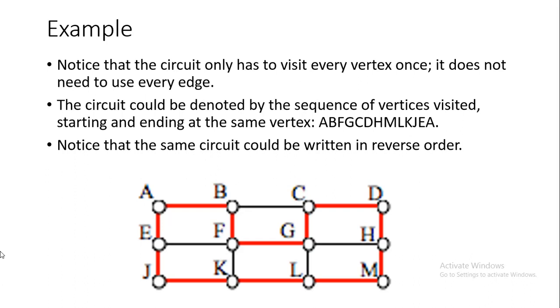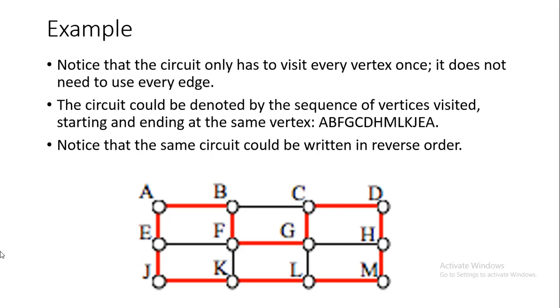Notice that the circuit only has to visit every vertex once, so it does not need to use every edge. So edges may be skipped. The circuit could be denoted by the sequence of vertices visited, starting and ending at the same vertex.